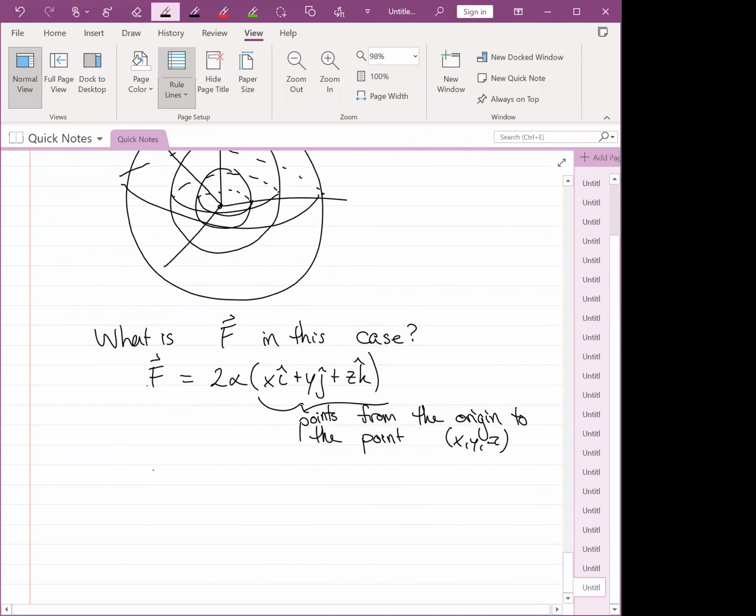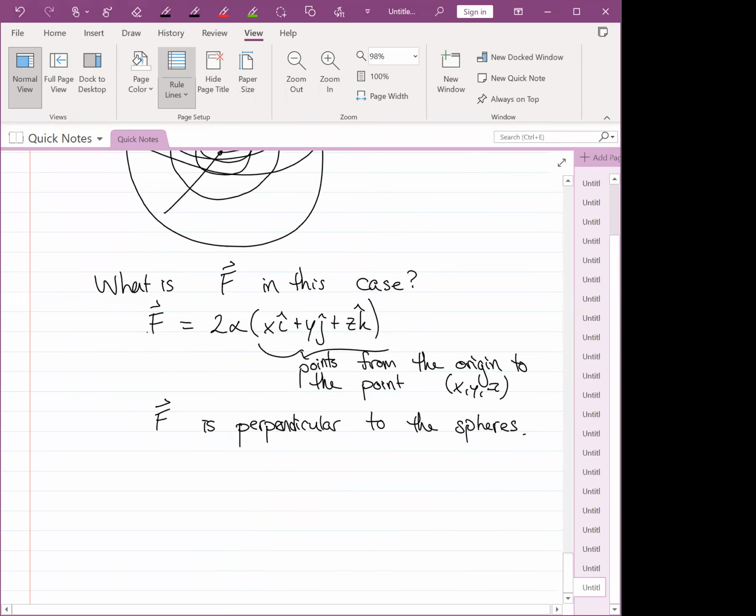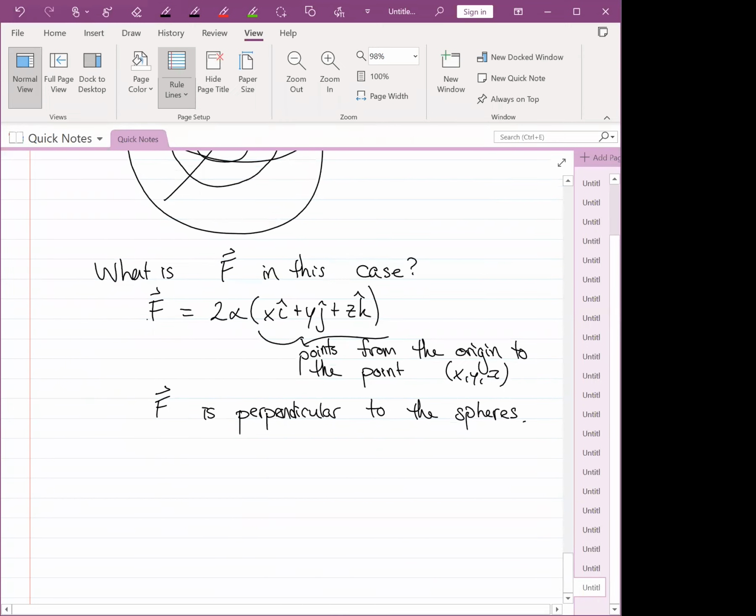And so what we find is that F, in this case, is perpendicular to the spheres, the spheres being the equipotential surfaces. So there's a general result that we can find here, and I'm almost done, and then we'll call it a day. The general result is that a conservative force always points perpendicular to its equipotential surfaces.